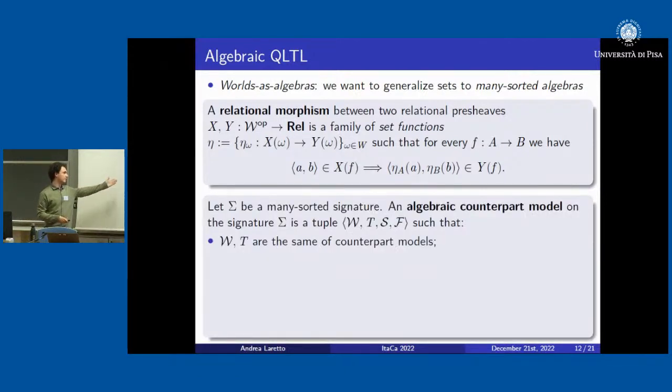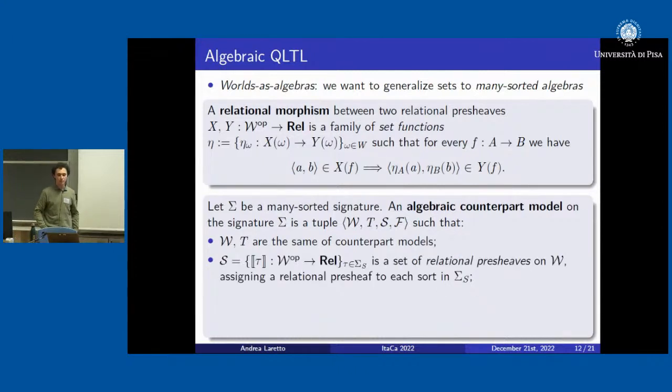And how do we extend the models? We essentially take a many sorted signature sigma. An algebraic counterpart model is just a tuple where we have omega and T, which are the category and the temporal structure, the same as in counterpart models. And S is a family of relational pre-sheaves, which assigns a relational pre-sheaf to each sort of the signature, which we indicate with these semantic brackets.